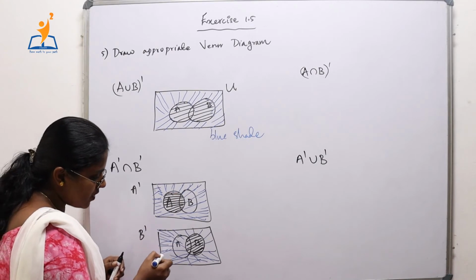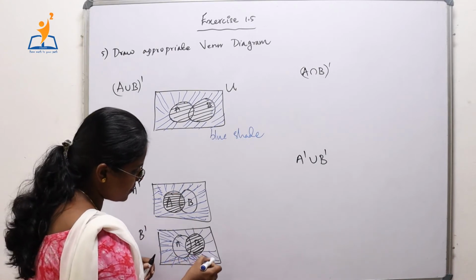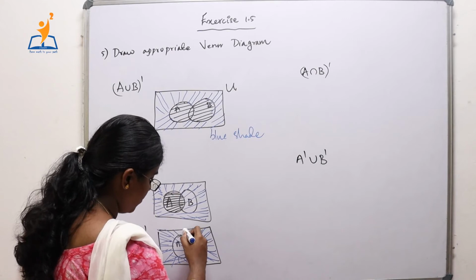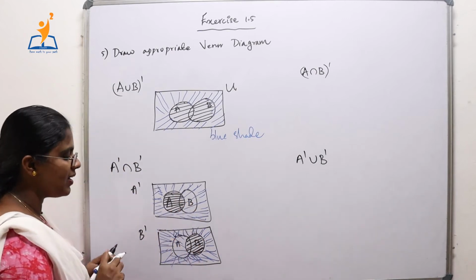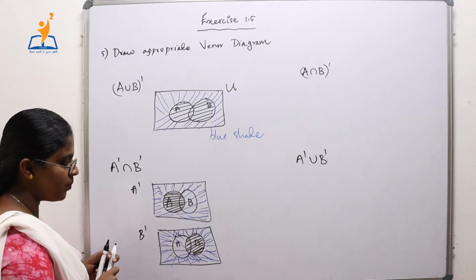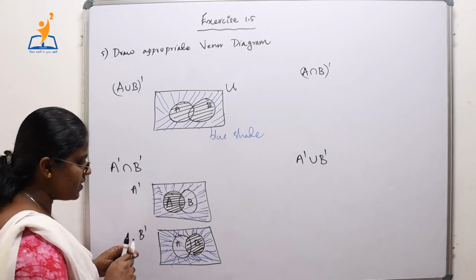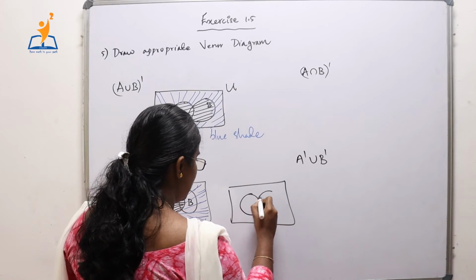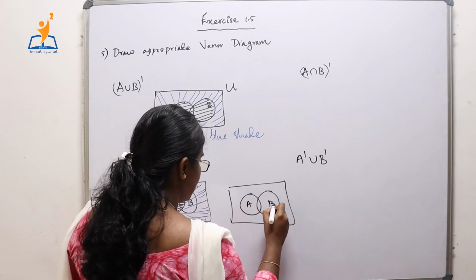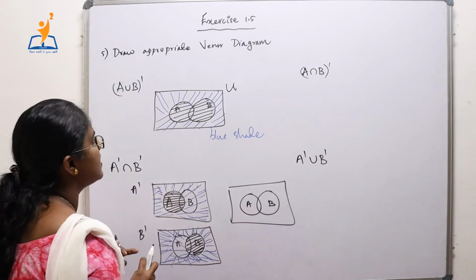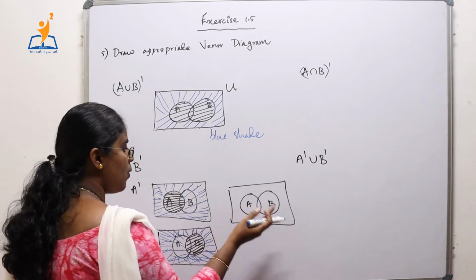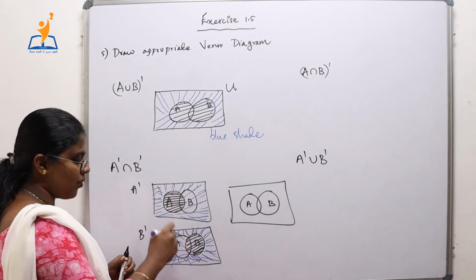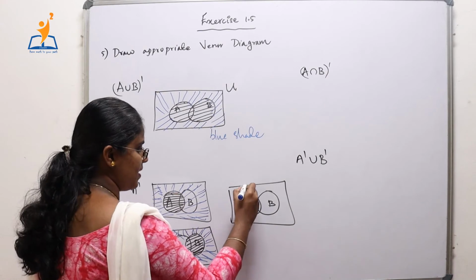Also the outer region of both of these circles is shaded blue here, and that particular region is common to both the diagrams. So we are redrawing that. This is A, this is B, and we found that the area outside the circles is shaded commonly blue in both of these diagrams.